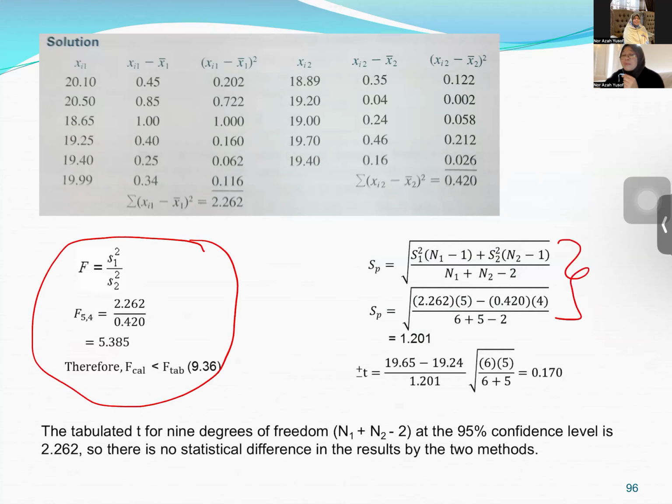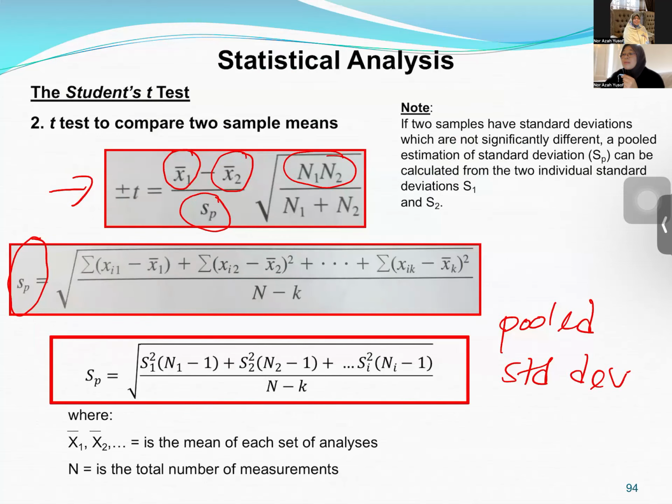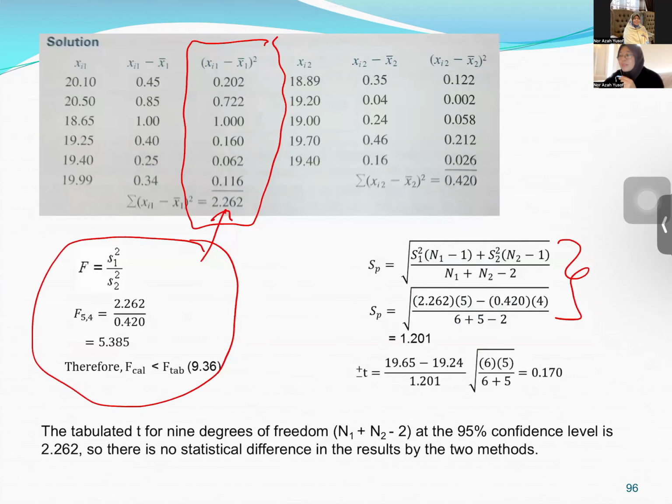If you do it manually, it's quite time consuming. You have to do this table first and get the value: the total of each observation minus the average, squared, and then multiplied. It's a lot of work.